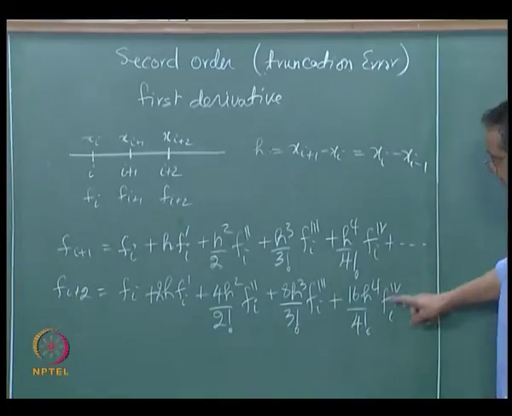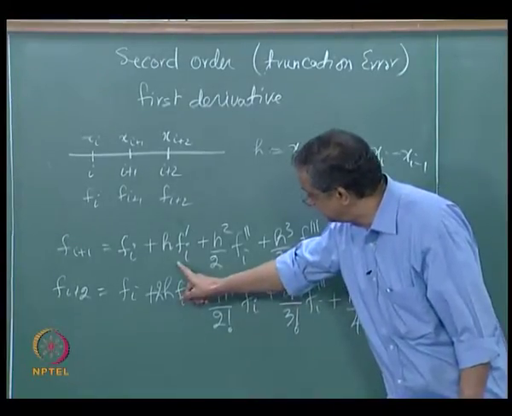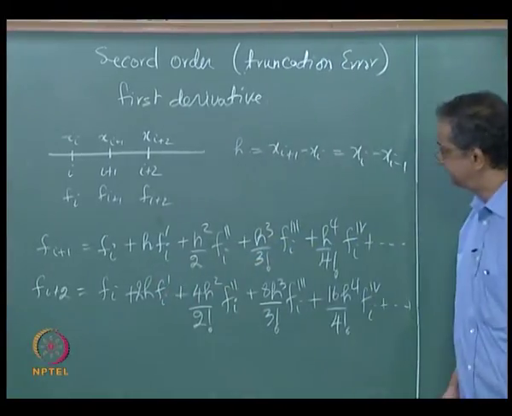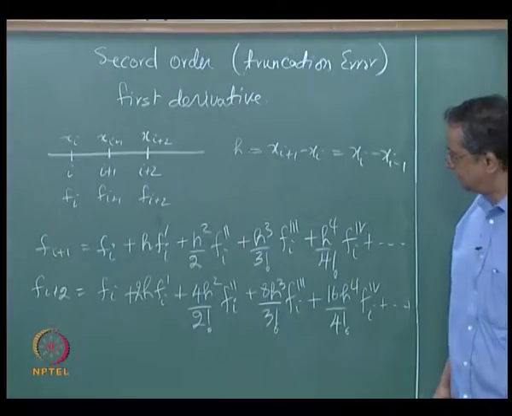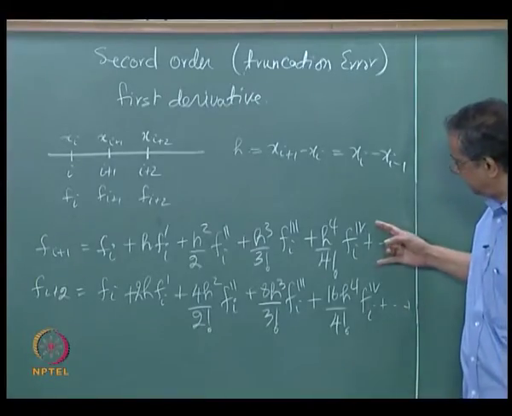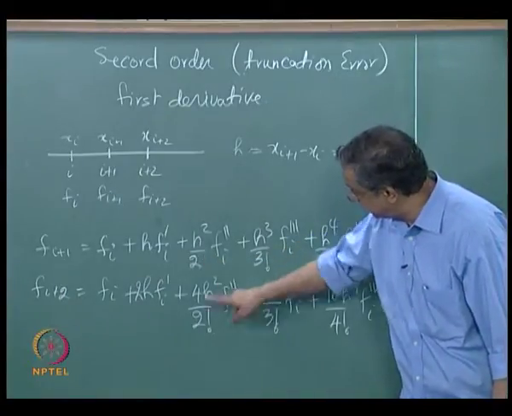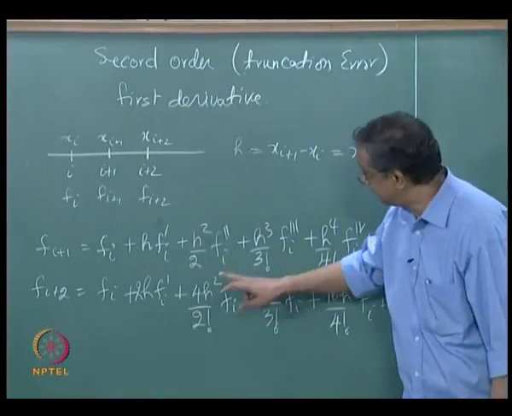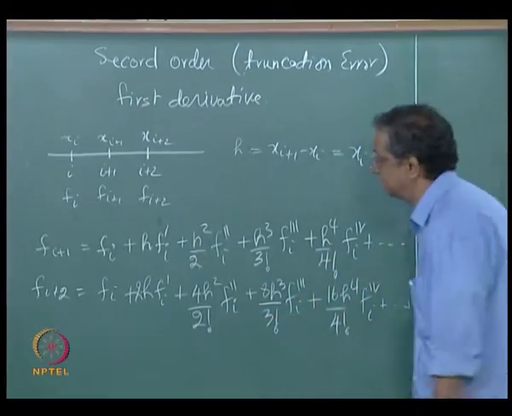So we look at these two; our objective is to extract out the f prime at i. What do I need to do? If I multiply the first equation by 4, I will get a 4h squared here and a 4h squared here. So if I multiply the first equation by 4 and subtract the second equation, I will knock out the h squared term.